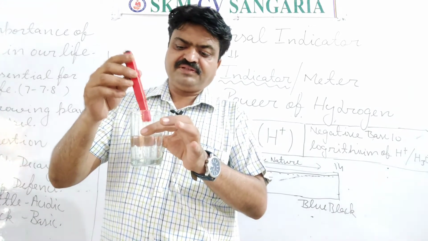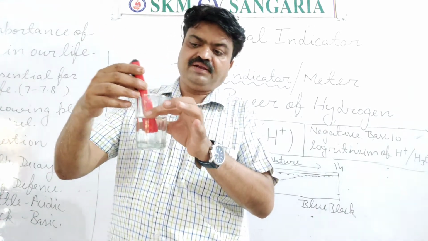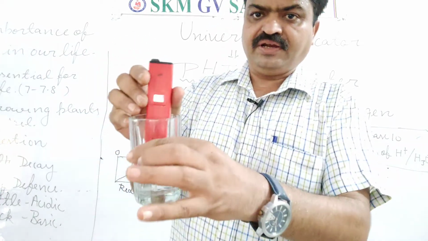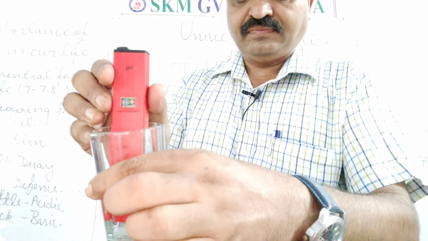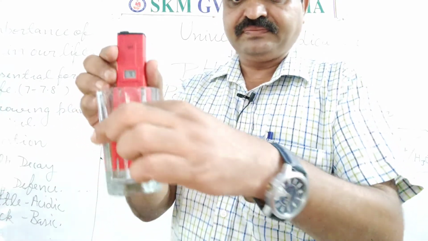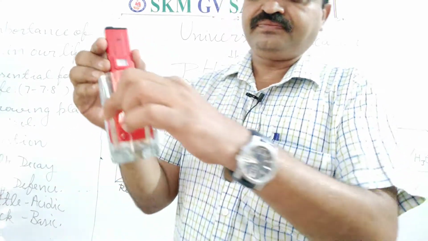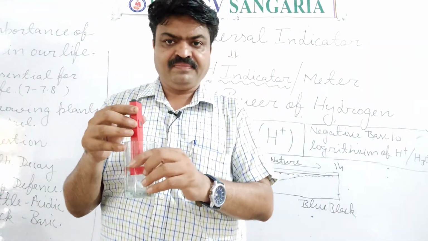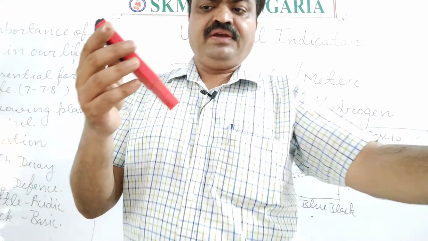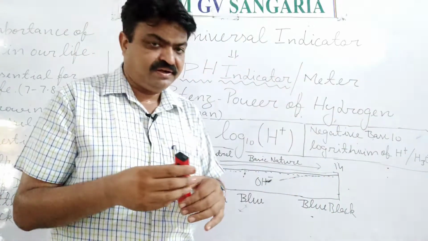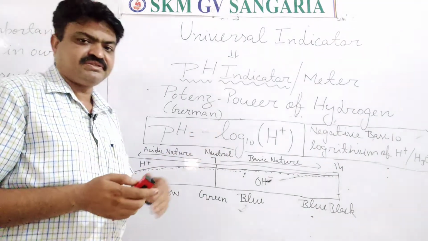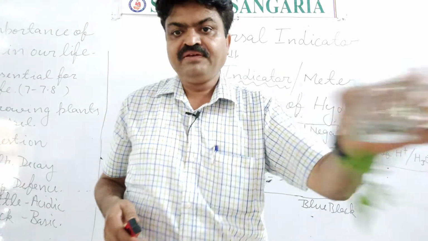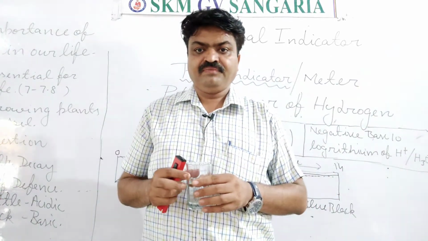If I dip this in this water, I can know the pH of this water, and you can also know what the pH is, student. What is the pH in this? It is 9, student, 9. And if the pH is 9, it means the particular chemical substance is basic in nature, or we can say this water is alkaline in nature, means it is basic.